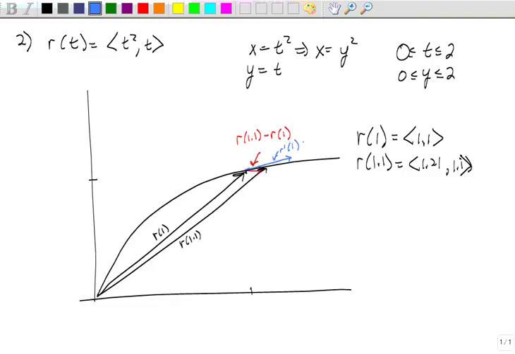And you noticed how close that's going to be. Let's do this. R of 1.1 minus R of 1 divided by 0.1 is the vector (2.1, 1). And if I draw that coming out of here, it's just going to be the same as the red, but it's going to be longer.